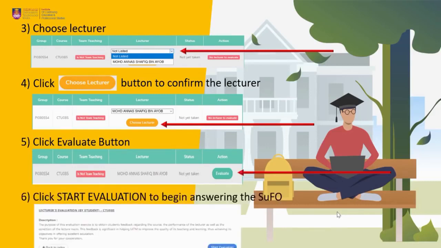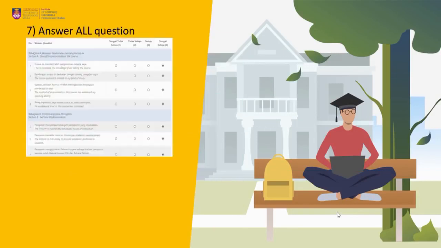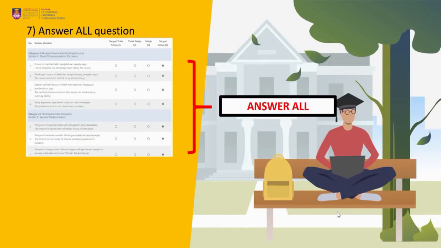a pop-up will appear where you have to do the evaluation. When you do your evaluation, please answer all the questions. Read the items one by one and then choose the most appropriate answer.